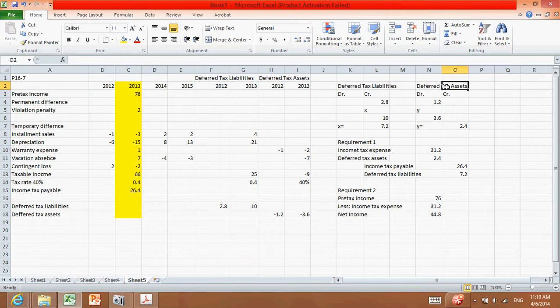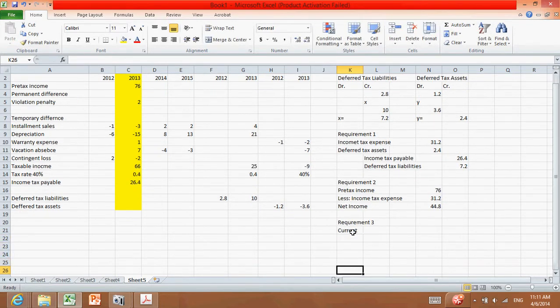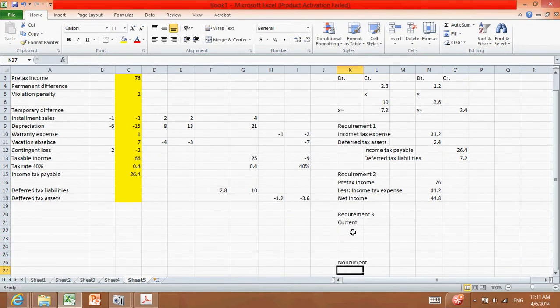So I will put down current parts and non-current parts. Within current ones, I will have deferred tax assets, deferred tax liabilities. Same for the non-current, deferred tax assets, deferred tax liabilities.